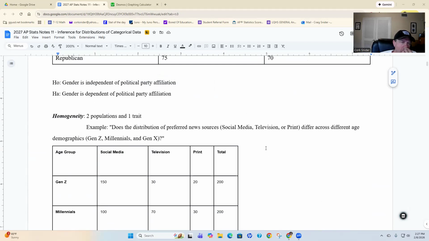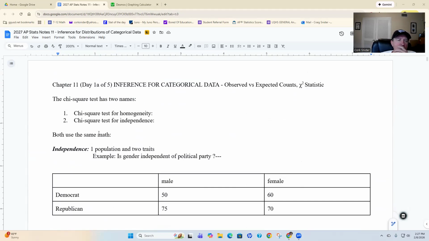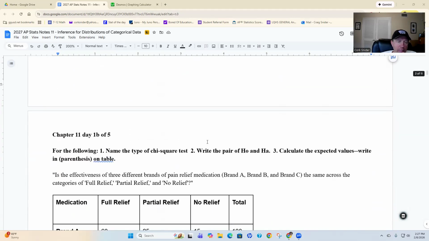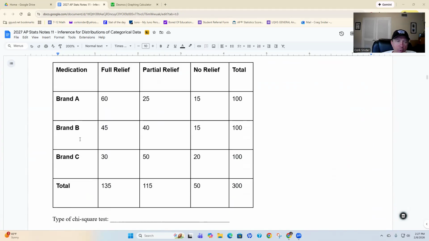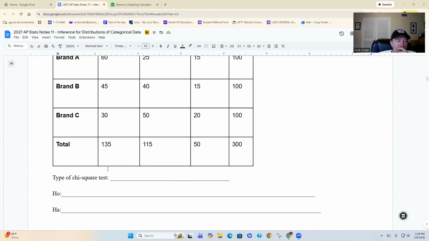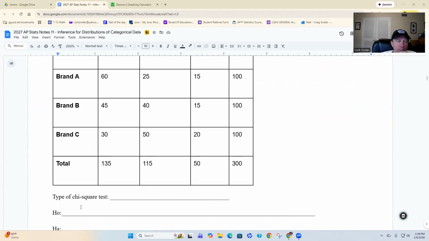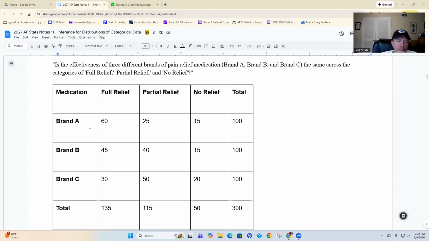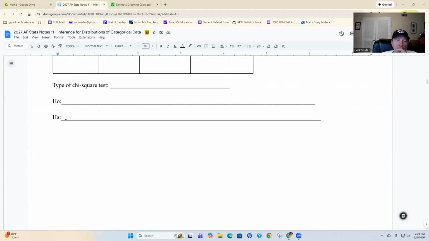Okay, no, I'm sorry, homogeneity, because I think it's one population and 2 traits. Yeah, it's just one group of people taking medicine. The 2 traits are the brand they took and the relief. So H0 is there is no difference between the brands and the relief status, and HA is there is a difference between the brand and the relief status.